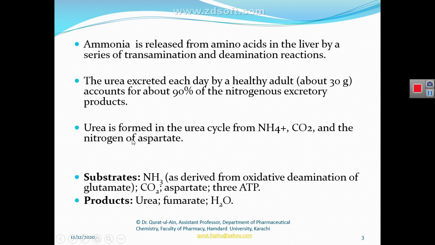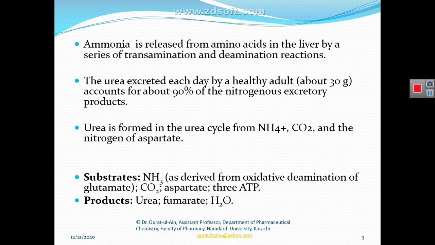So these three things form urea. So we can see here what the substrates of the urea cycle are and what the end product is: how the urea cycle starts, from what substrates, and what product it generates.